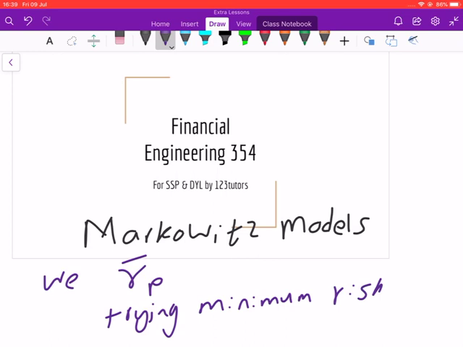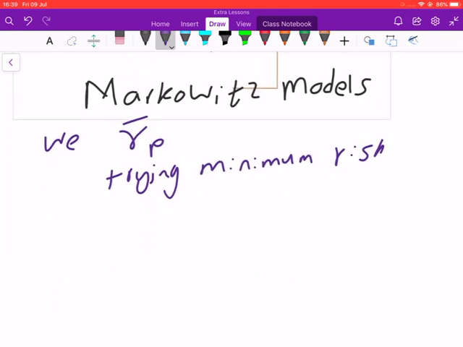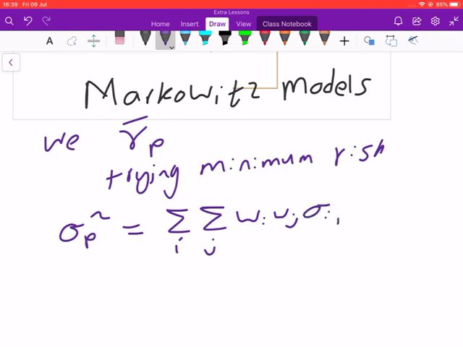So how do we do this? First, we have spoken that risk can be measured with this equation, the sum. This looks ugly. It's going to be the sum over i, j of the weights with sigma i j, right?